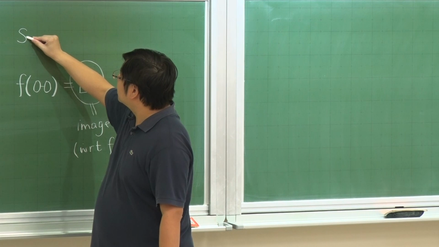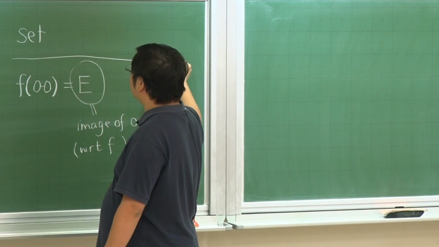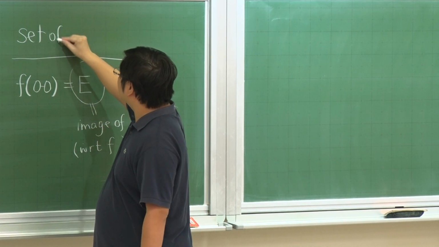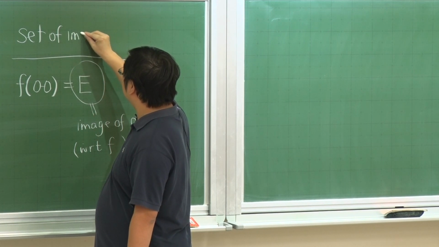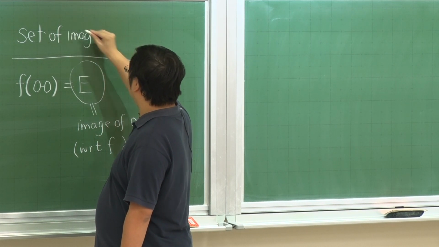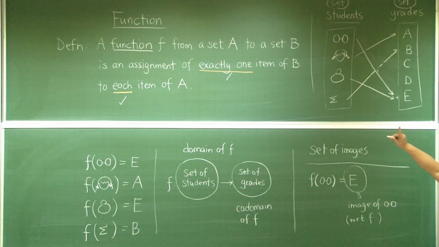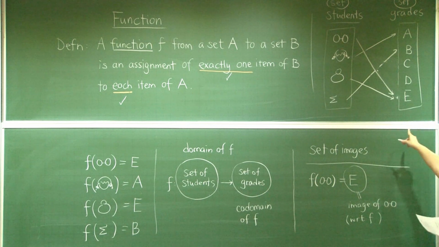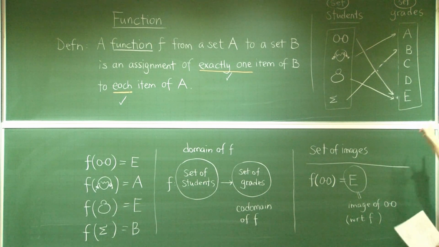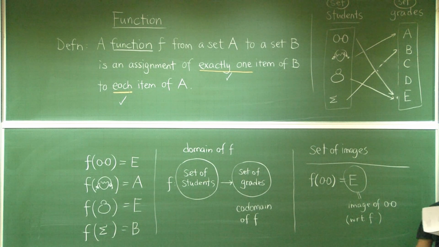And then finally, the set of all the images. What is the set of all the images? In our example, the image value could be E, could be A, could be B, but it is not C and D, right? There is nobody mapped to C or D. So C and D are not the image of anyone, but A, B, E are the image of some other person.